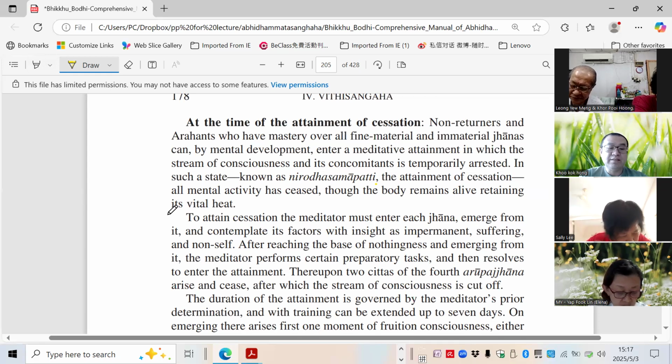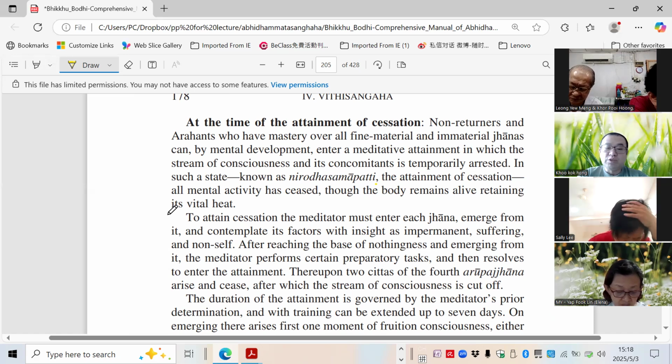To attain cessation, the meditator must enter each jhana, emerge from it, and contemplate its factors with insight as impermanent, suffering, and non-self. After reaching the base of nothingness and emerging from it, the meditator performs certain preparatory tasks and then resolves to enter the attainment.